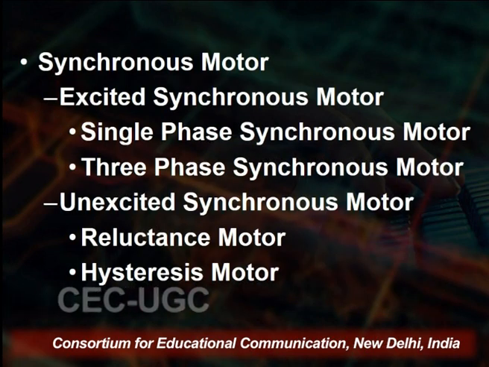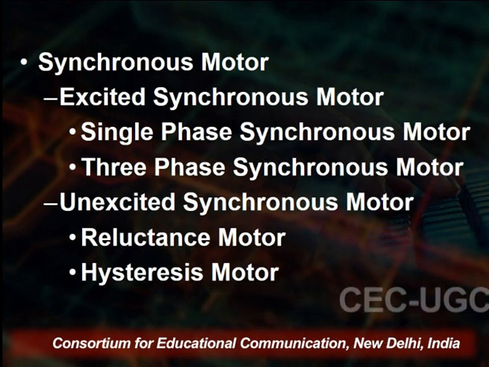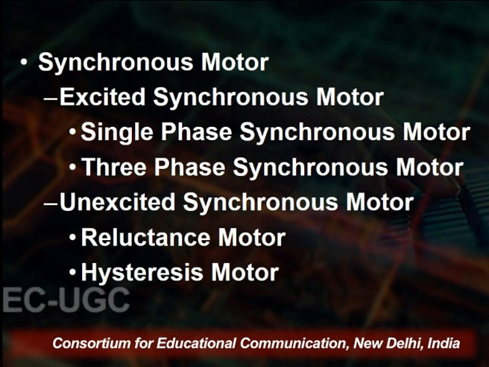Now the synchronous is again classified into two types, excited synchronous motors and unexcited synchronous motors. Excited synchronous motors work in single phase as well as three phase, while the unexcited synchronous motors are classified into two types: one is the reluctance motor and the other is the hysteresis motor. We will discuss them one by one.